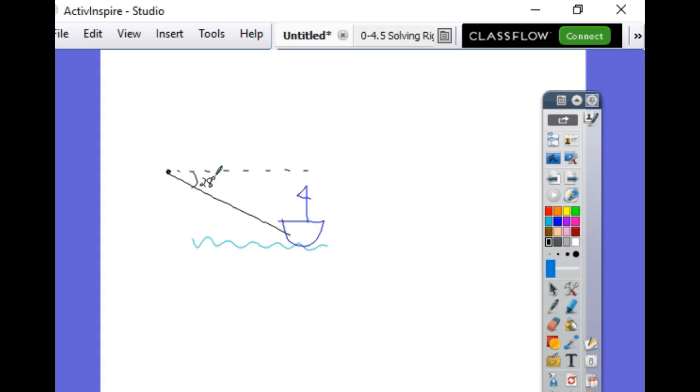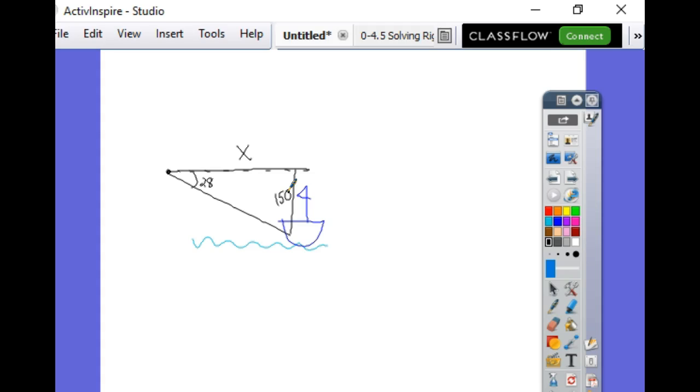So this is the angle, and it says what is the horizontal distance. So this is my horizontal distance that I'm looking for, and this is 150 feet. So what am I going to use to find x?